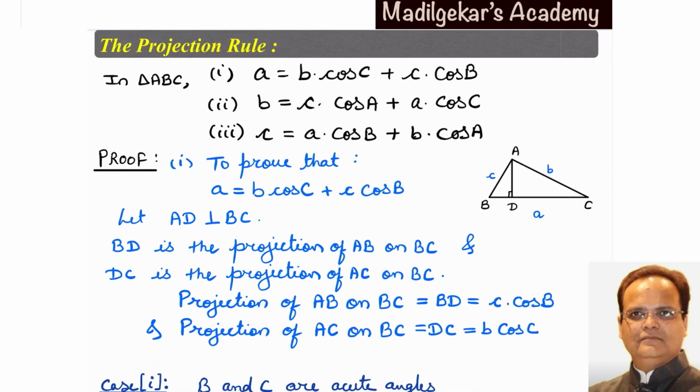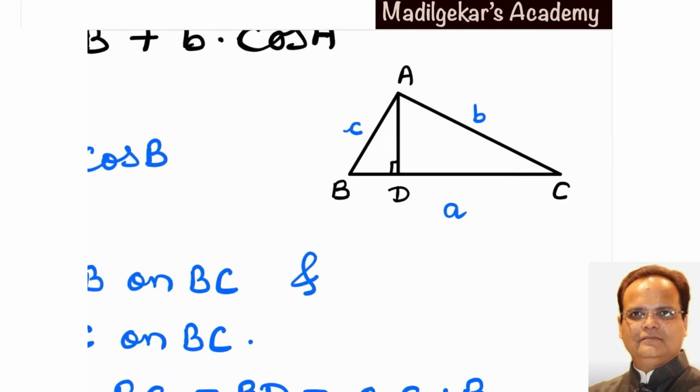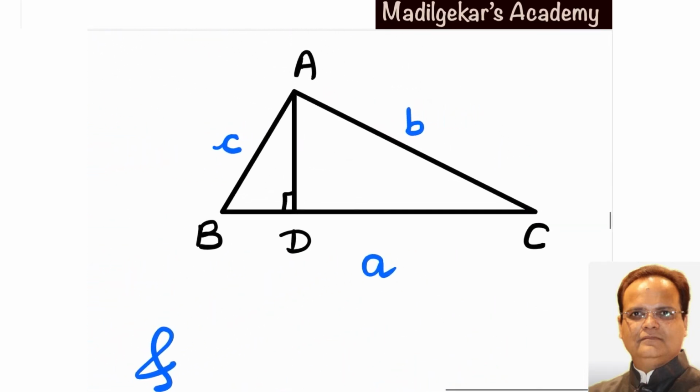Next is the projection rule. In triangle ABC, prove that a equals b cos C plus c cos B. Before starting the proof, let us discuss projection. What is projection? Consider a triangle ABC.